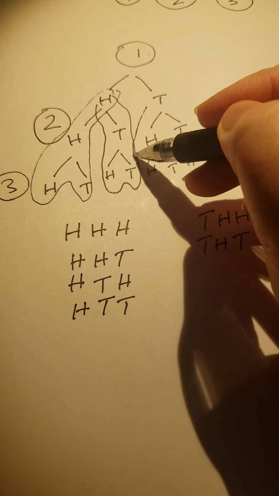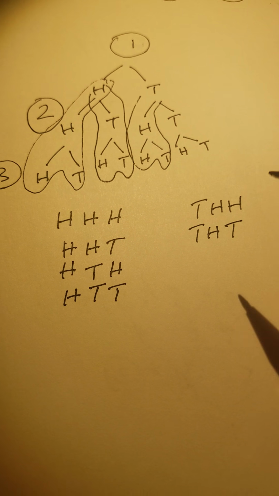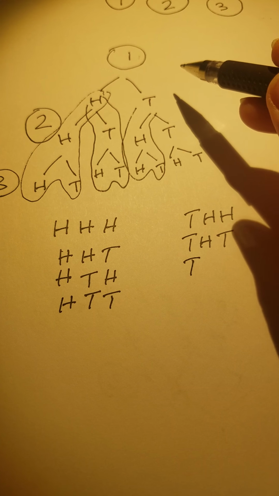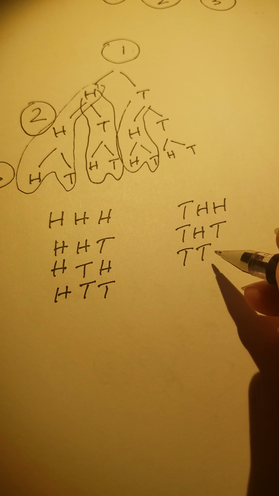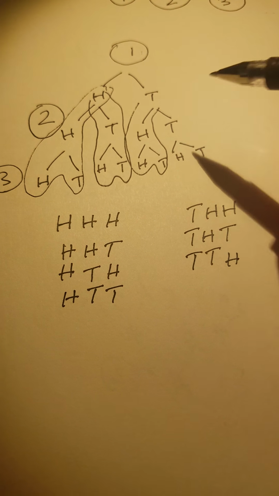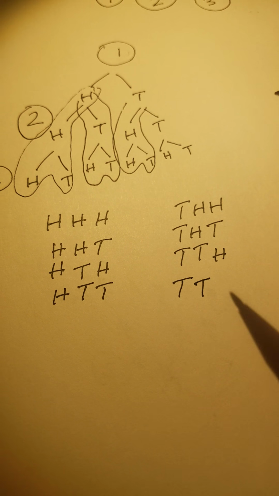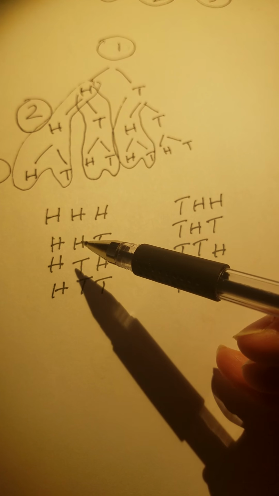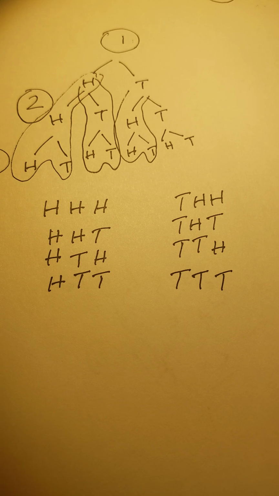So we've looked at these. Now what if coin number 1 lands on its tail, coin number 2 also lands on its tail, coin number 3 lands on its head? Or, final one, coin number 1 lands on its tail, coin number 2 lands on its tail, coin number 3 lands on its tail, all tails. We have 1, 2, 3, 4, 5, 6, 7, 8 different possibilities.